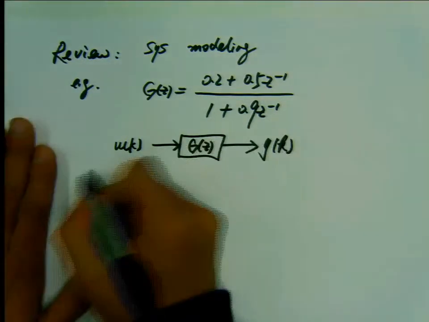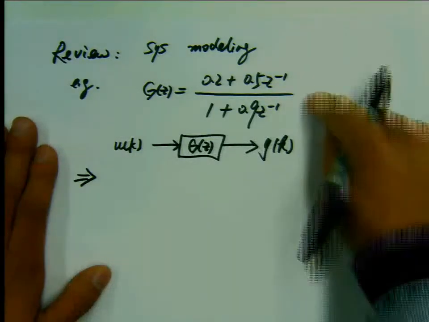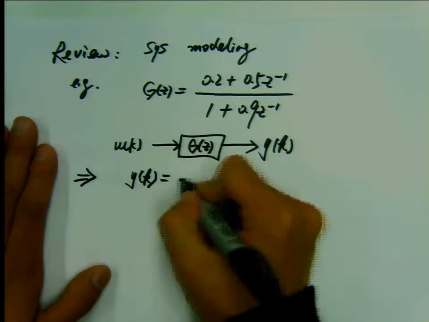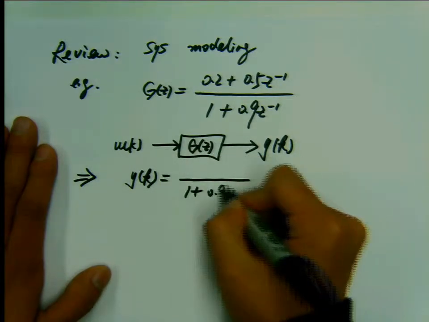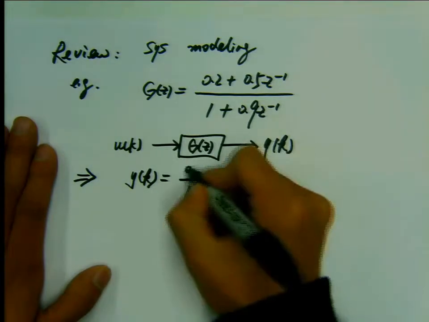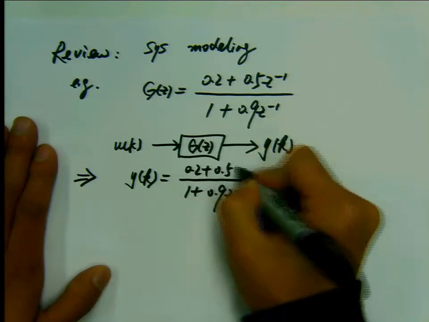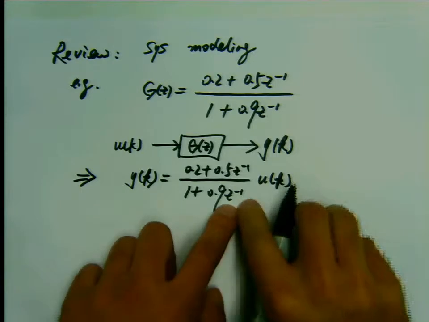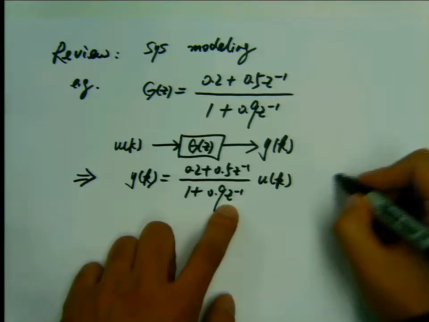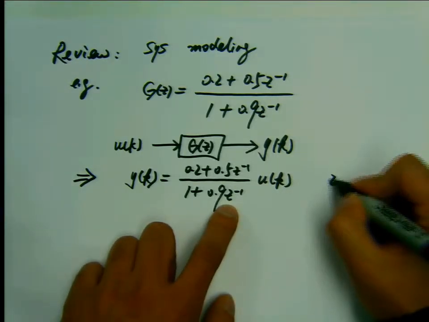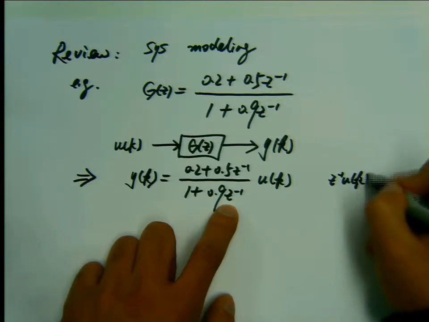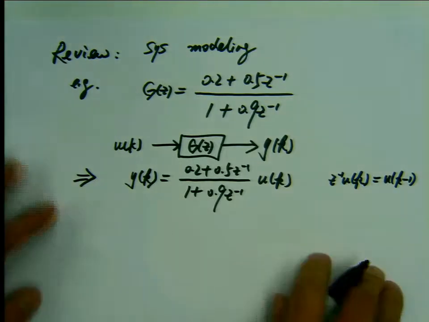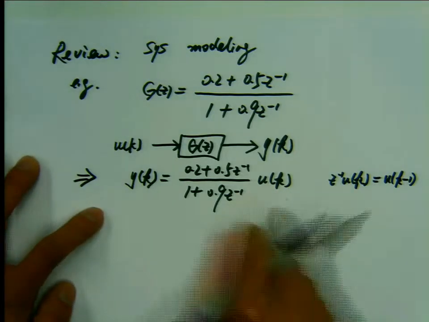So essentially, if you write out this difference equation, you're going to see yk equals (0.2 + 0.5 z^-1)/(1 + 0.9 z^-1) uk. Again, this z^-1 is a delay operator, meaning z^-1 uk equals uk-1.